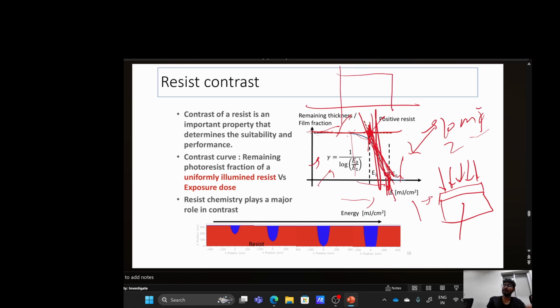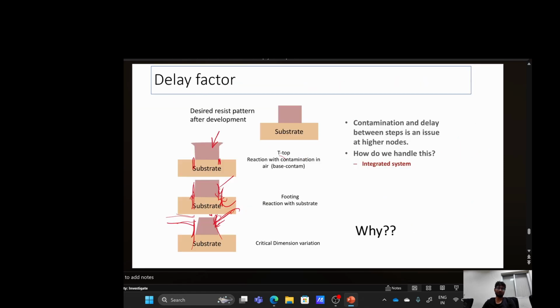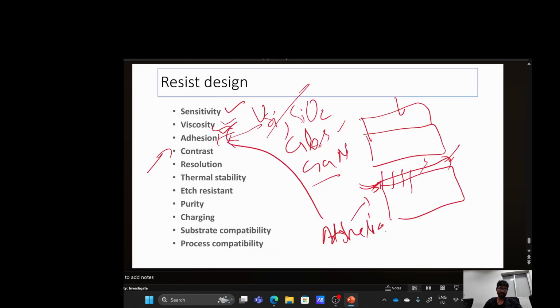This is the ideal one, but the slope should be as high as possible. So you need to design your resist such that the contrast curve is good.